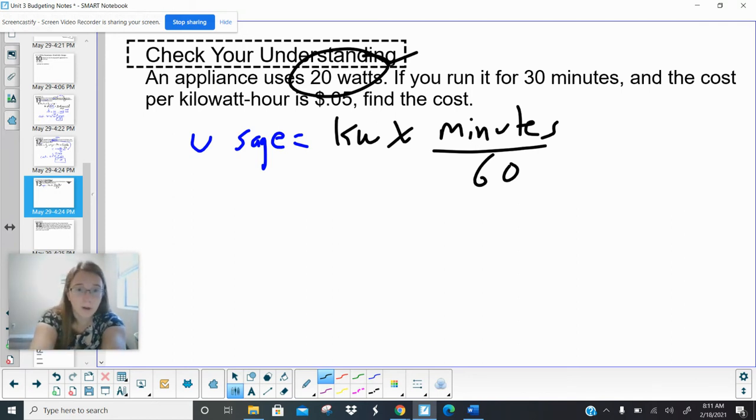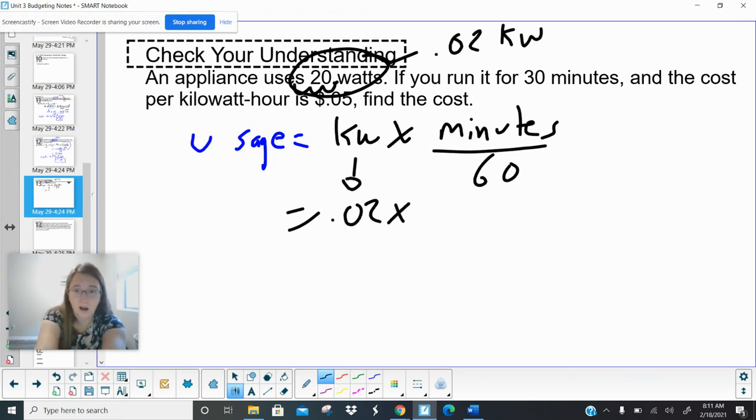So 20 watts, here's my decimal. I need to go 1, 2, 3. So that means I need to add a 0. 0.02 kilowatts. 0.020, that back 0 doesn't matter. This 0 that I have here does. So that's our KW. Our minutes are 30 divided by 60.